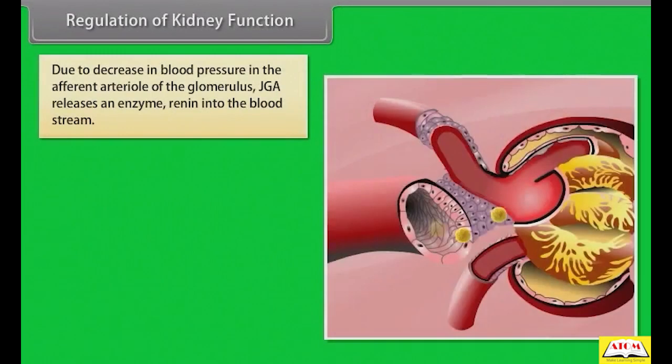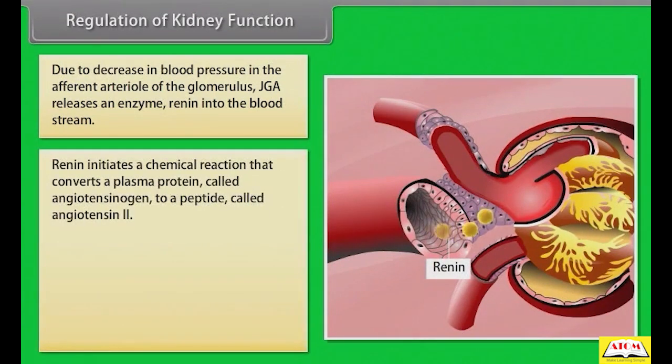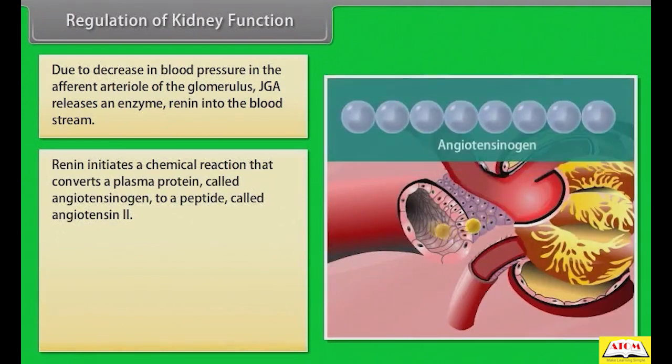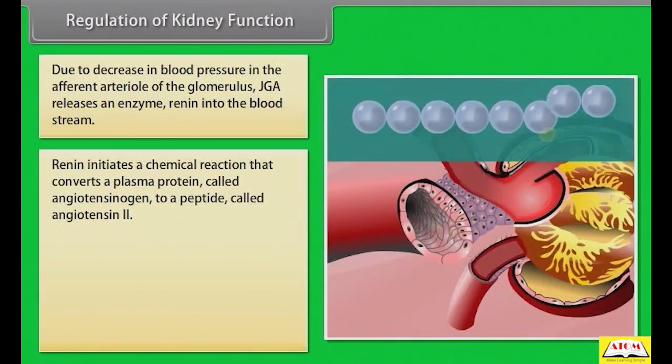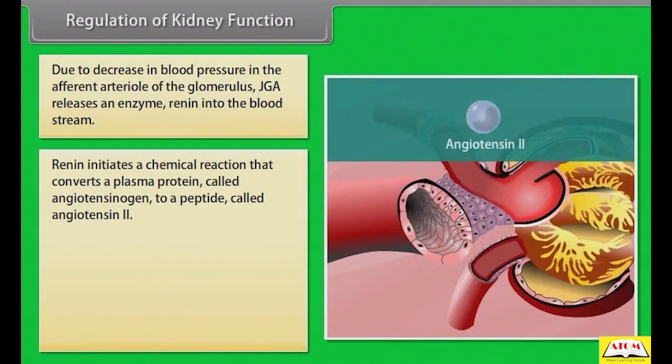Due to the decrease in blood pressure in the afferent arteriole of the glomerulus, JGA releases an enzyme, renin, into the bloodstream. Renin initiates a chemical reaction that converts a plasma protein called angiotensinogen to a peptide called angiotensin II. Angiotensin II increases blood pressure by constricting arterioles.